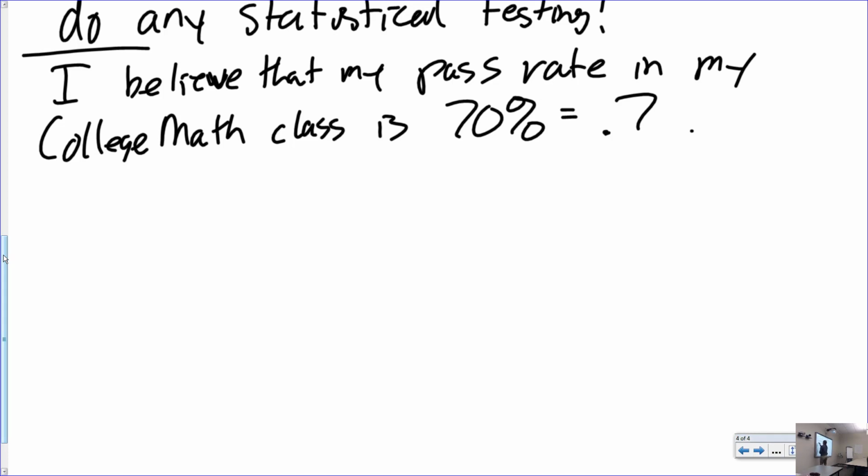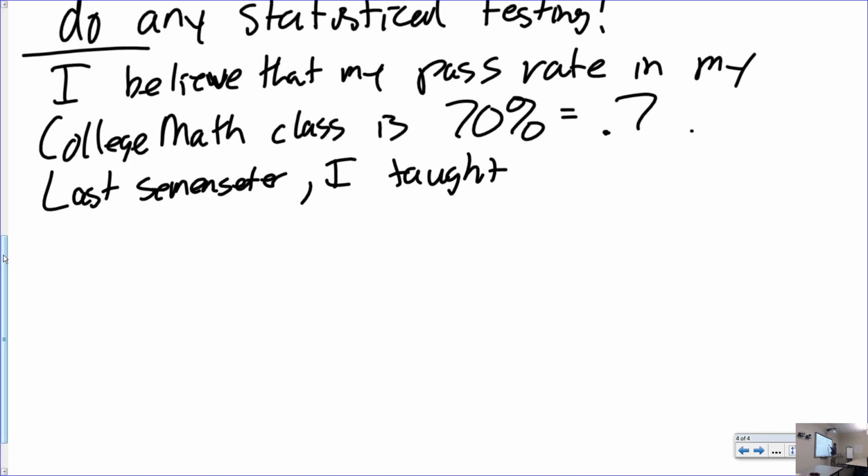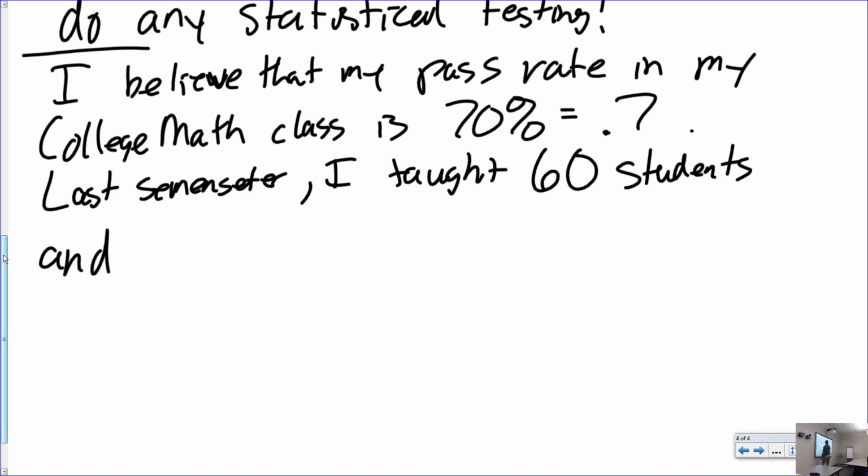So last semester, I taught, let's say, 60 students. And let's say that, should I be good or bad? Bad. Okay. So that's 60 students and 40 passed.